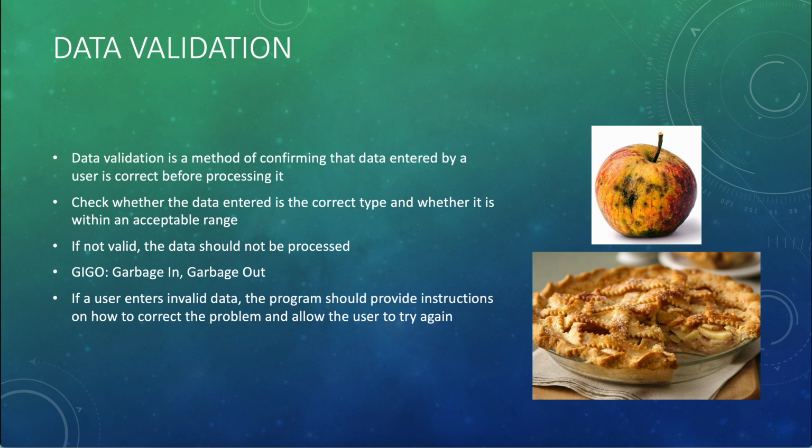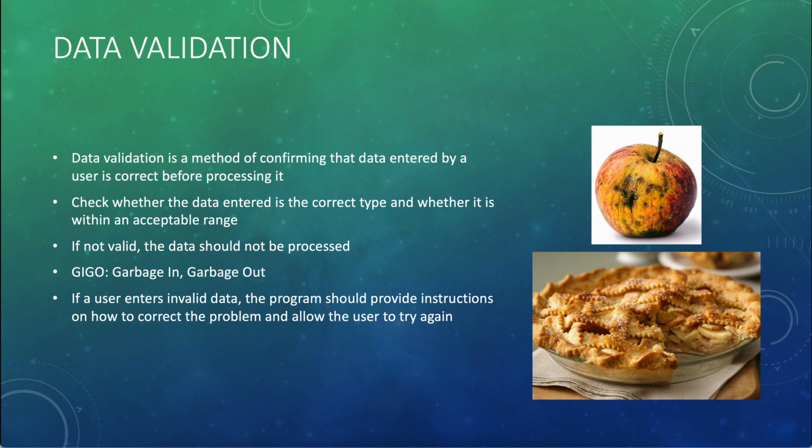You want to make sure that it will not try to process that, and also even if they enter a number, in some cases there's a range of numbers that you would want to keep that input within, otherwise it wouldn't make sense. For example, with our exam scores, which is part of your assignment, it wouldn't make sense for an exam score to be outside the range of 1 to 100.